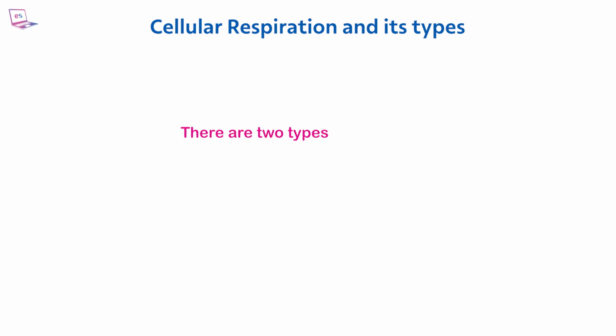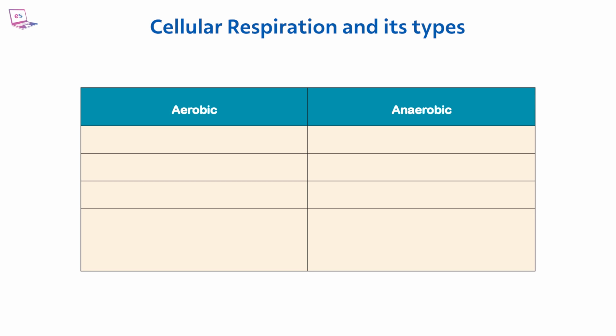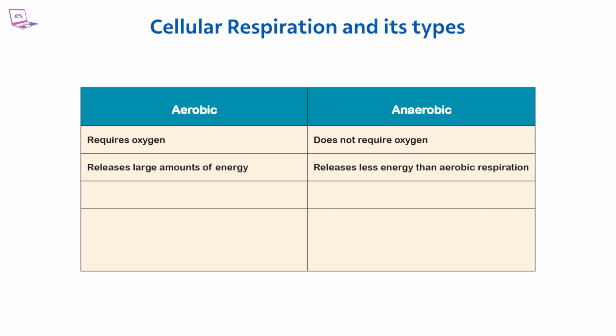There are two types of respiration: aerobic, anaerobic. Aerobic respiration requires oxygen, whereas anaerobic respiration does not require oxygen. Aerobic respiration releases large amounts of energy, but anaerobic releases less when compared.